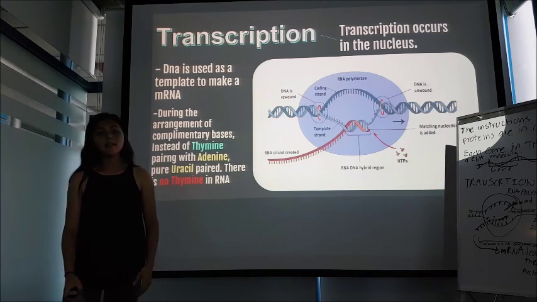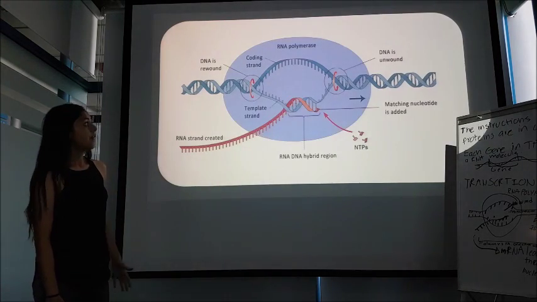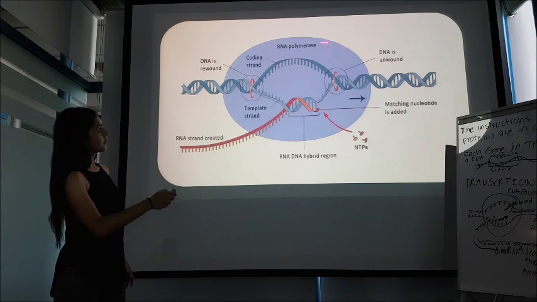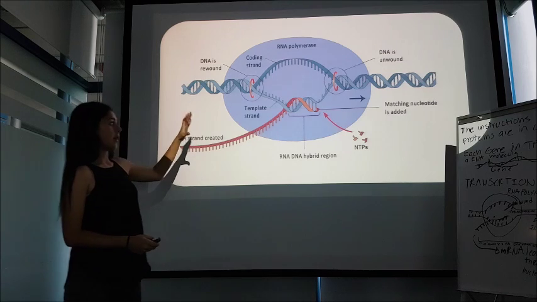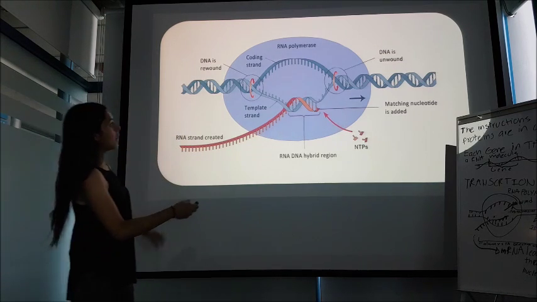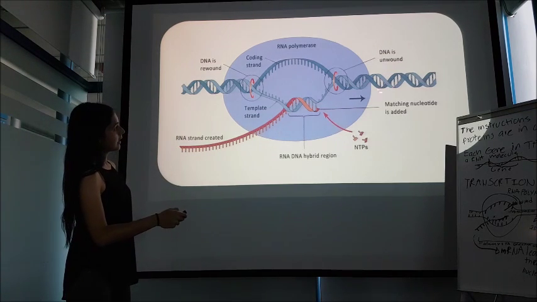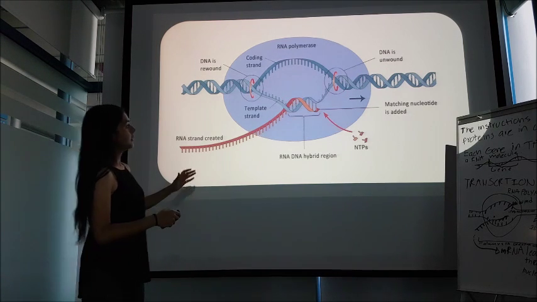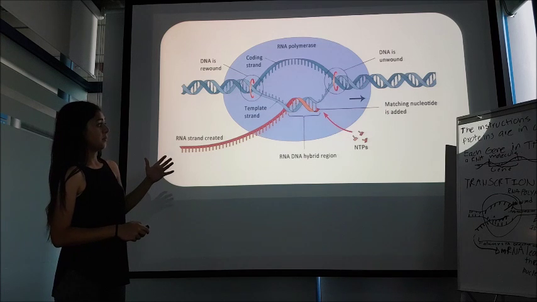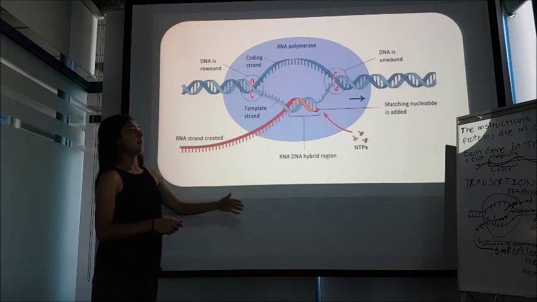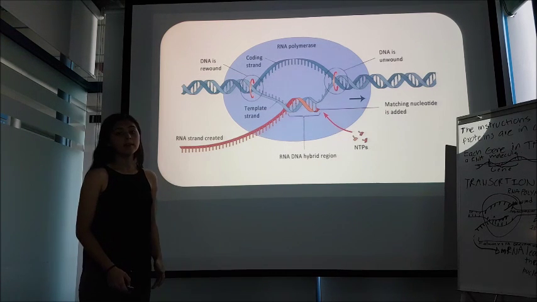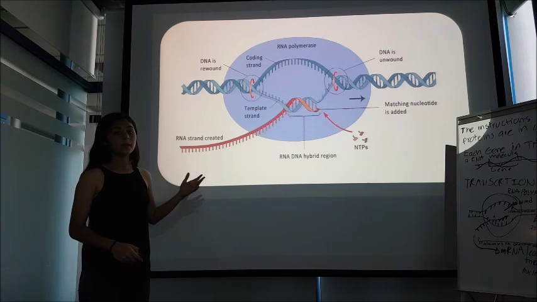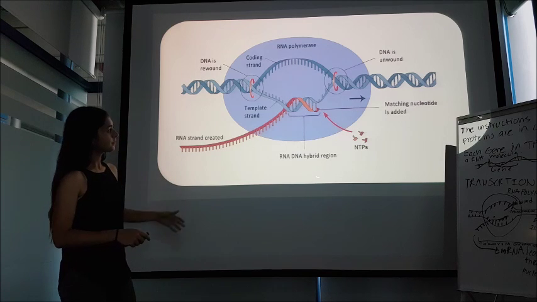Now I will explain the process. First, the enzyme RNA polymerase, this blue thing, comes into action and unwinds the DNA helix, and then starts matching the complementary ribonucleic nucleotides.